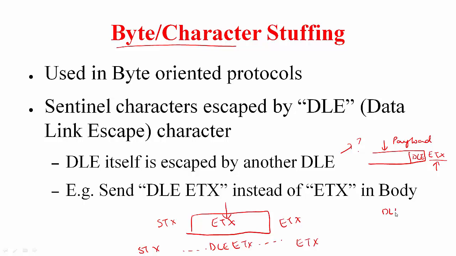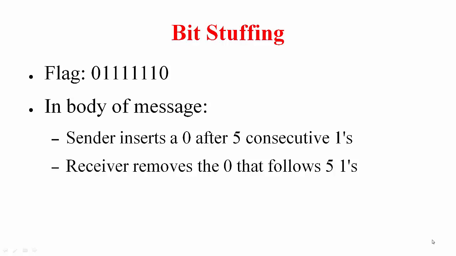If you have ETX as part of the payload, what you are going to send is DLE, DLE, DLE, ETX. So this DLE is escaping this DLE, and this DLE is escaping the ETX.